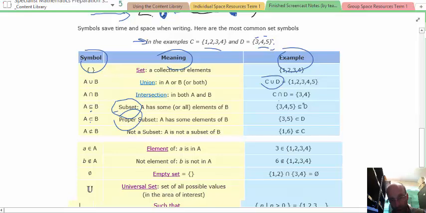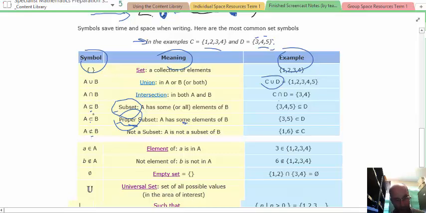So the larger subset is the same as the whole set that it's derived from, whereas a proper subset cannot have the whole set as its proper subset. It can only take some of the elements. So it could have 3 by itself, or 5 by itself, or 4 by itself. It can have 3 and 5, and 4 and 5, and any combination, but it cannot have the entire set as a proper subset.